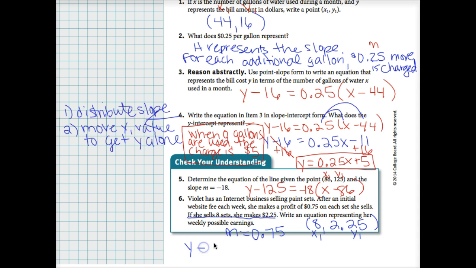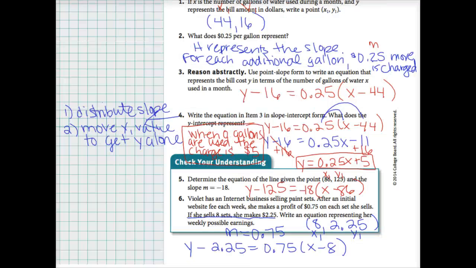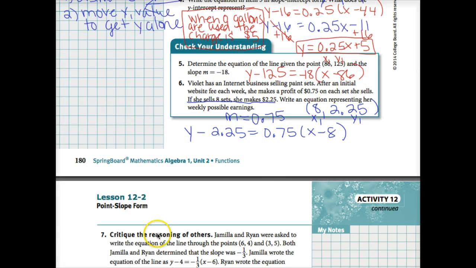So y minus y1 equals m times x minus x1. You should have written this in point slope form. Now, I did say 1 through 3, so hopefully that's as far as you went, but if you also made it slope-intercept form, that's fine because it didn't specify what form it wanted you to write it in.